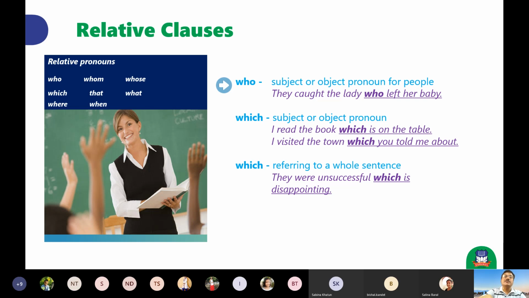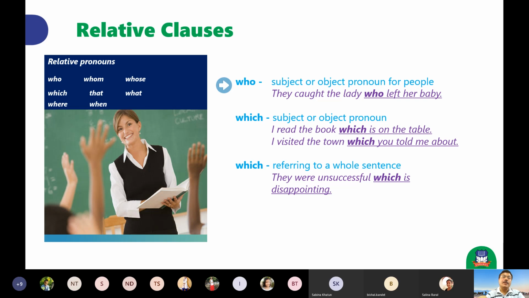The second one is the object. In the sentence structure, the first one, which is on the table, is the subject there. But the book is the object. The real subject-verb-object is something different. You have to understand these language items.